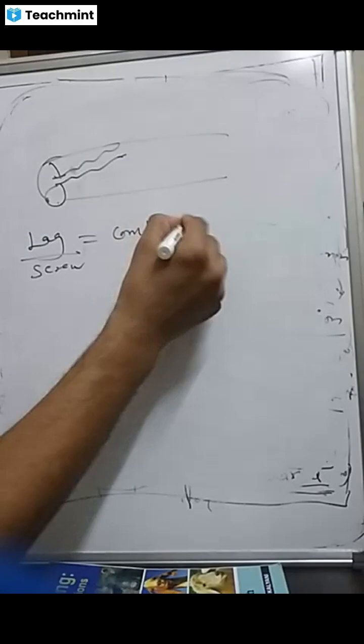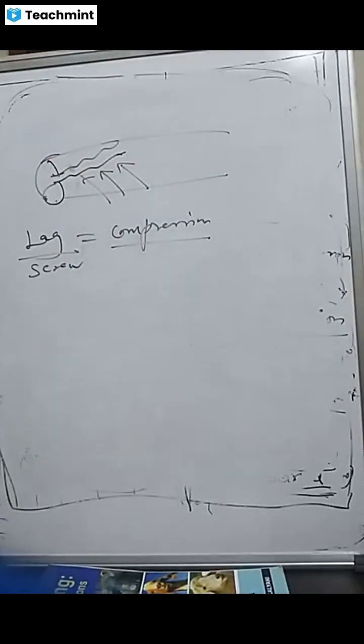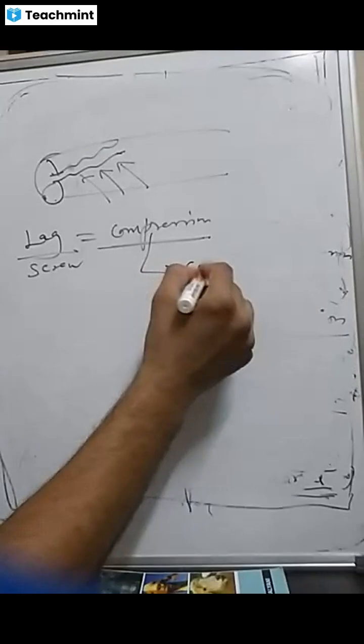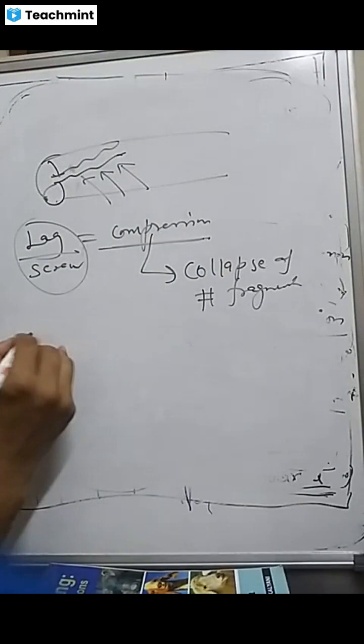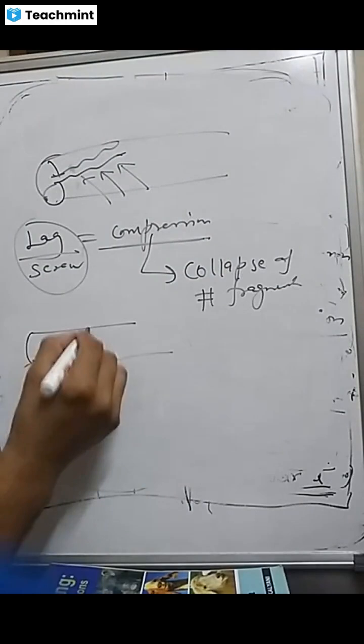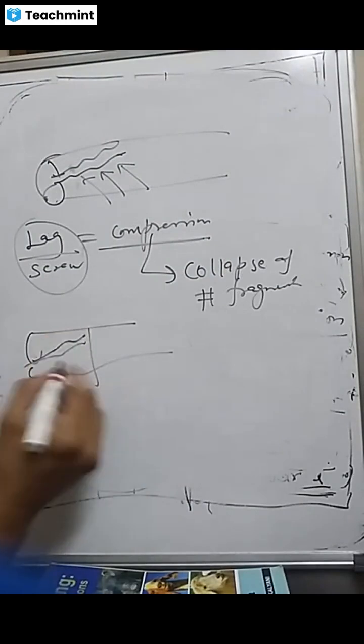It will move towards the other fragment. But in that situation, to hold the proper position and alignment, that is known as a position screw.